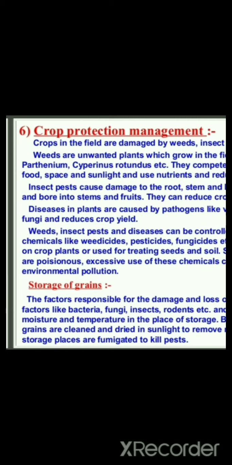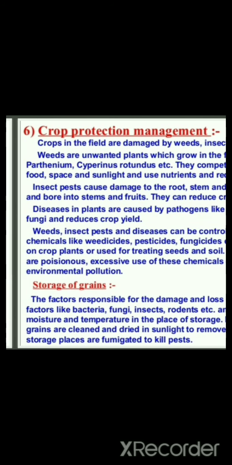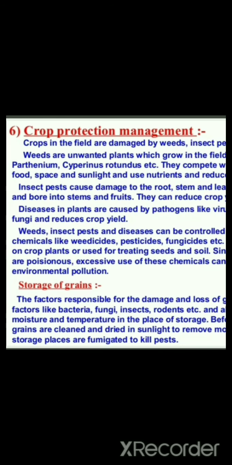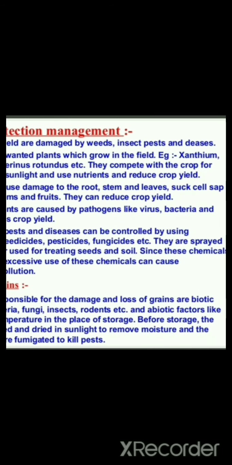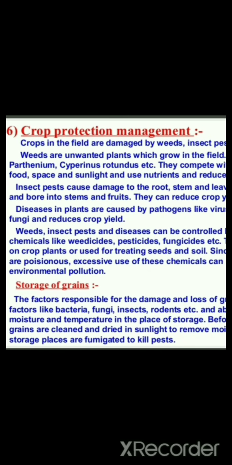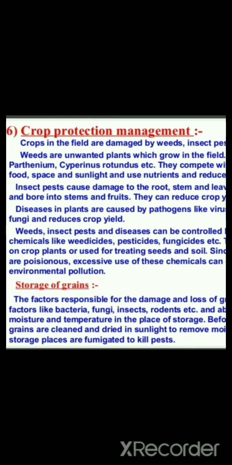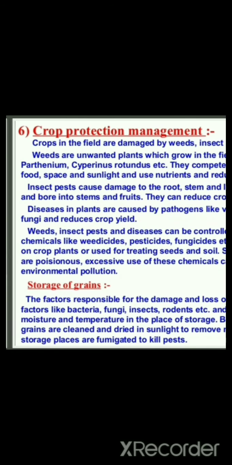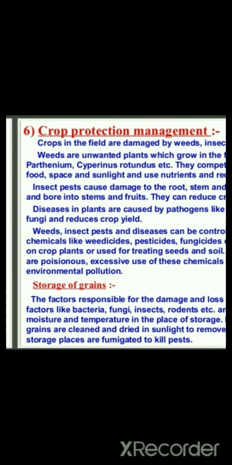Weeds, insect pests and diseases can be controlled by chemicals like weedicides for weeds, pesticides for pests, fungicides for fungi. These are sprayed on crop plants or used for treating the seeds and soil. Since these chemicals are poisonous, excessive use of these chemicals can cause environmental pollution.